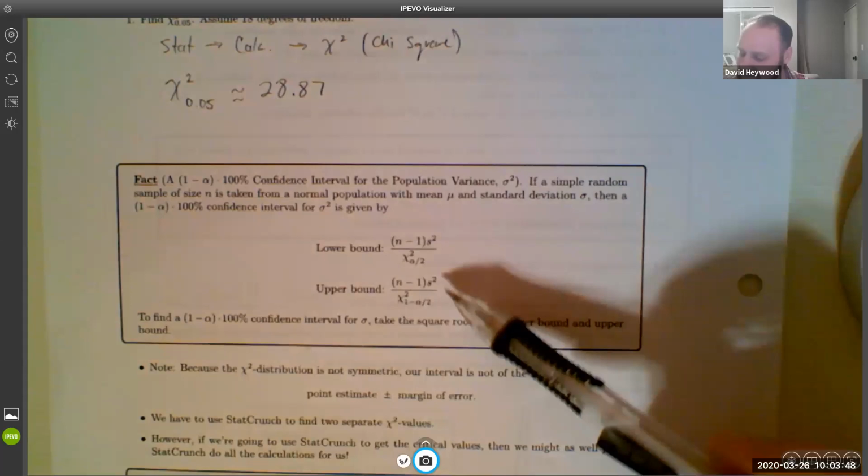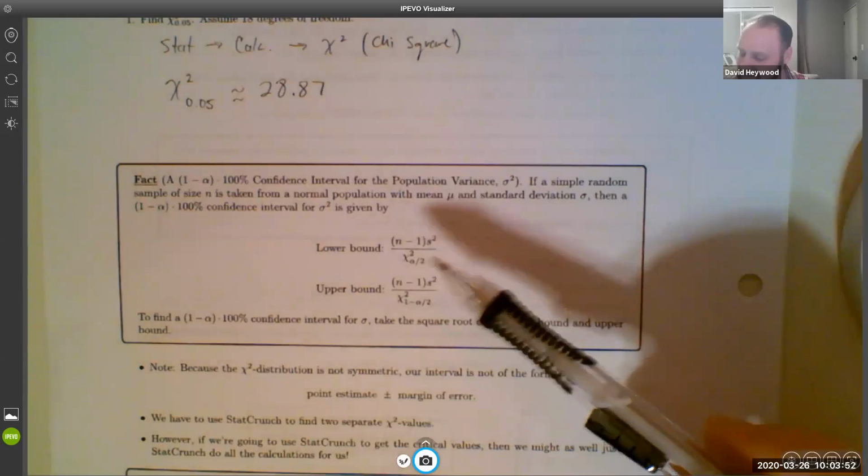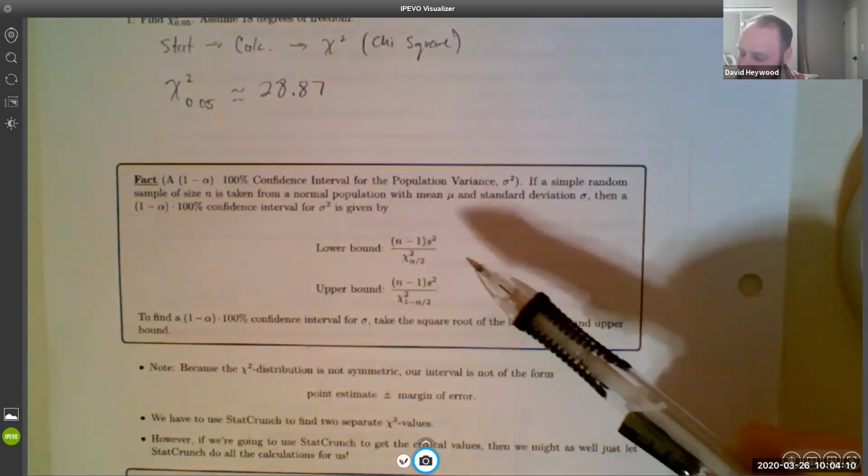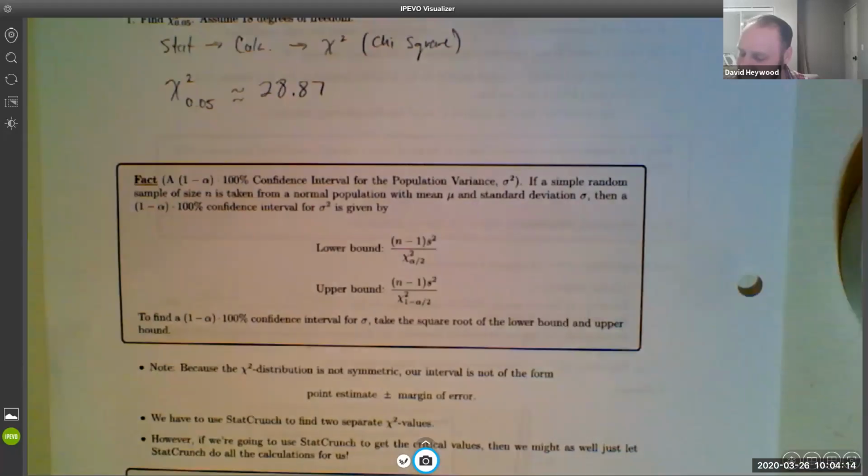Again, you can take a look at the textbook information of this formula. But this is what's going to do the trick. Now, these bounds are going to give you a confidence interval for sigma squared, the variance, and then you need to take the square root of these lower and upper bounds to get the interval for sigma, the standard deviation.